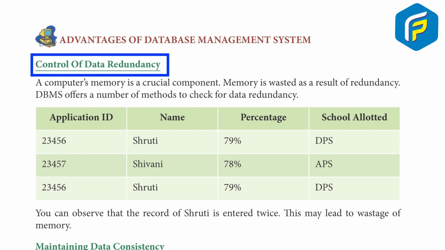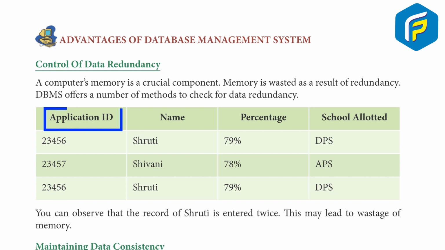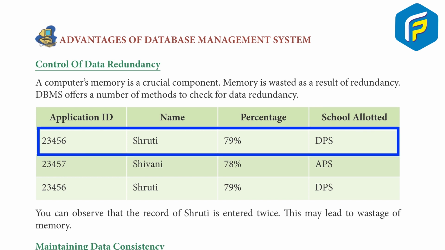Control of data redundancy. A computer's memory is a crucial component. Memory is wasted as a result of redundancy. DBMS offers a number of methods to check for data redundancy. Application ID, name, percentage, school allotted. Shruti 79%, DPS.